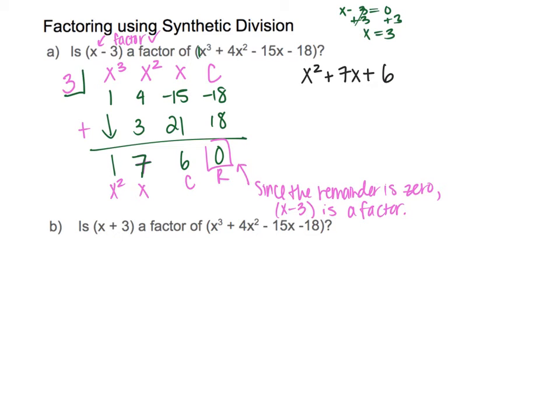And this is one of the factors, and then you already stated that x minus 3 is one of the factors, since the remainder was 0. And so if I want to know what the factors of this equation are, I already have one of them. Also notice that the highest power here is 3, which tells me that I should have 3 factors.